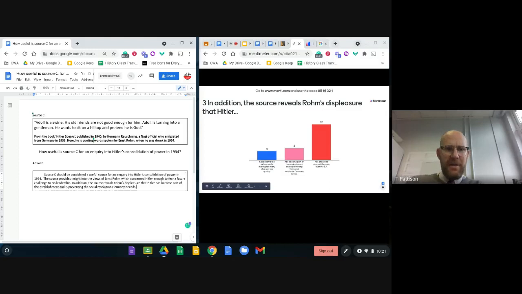This idea is he's turning into a gentleman. We're not good enough for him anymore. But absolutely, I think that you can make the further point that he's also unhappy that Hitler has chosen to support the army over the SA. Now, the reason why I wouldn't choose that one flat out is that at this stage, Hitler hasn't definitely decided, but that's certainly the suspicion.